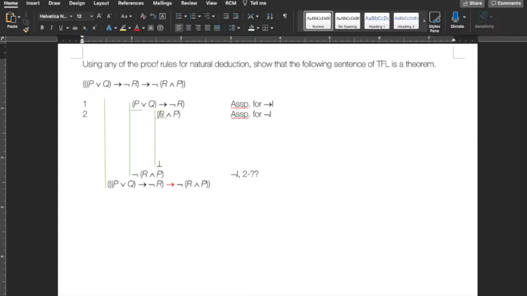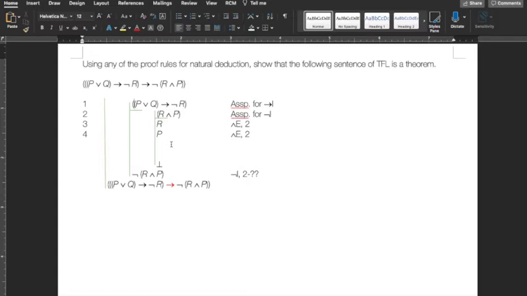Now we have a sentence that we can apply non-subproof rules to at line 2, so we should do that. Now we have R on line 3 and P on line 4, both of which are justified by conjunction elimination applied to line 2. The other assumption we have to work with is the one at line 1.